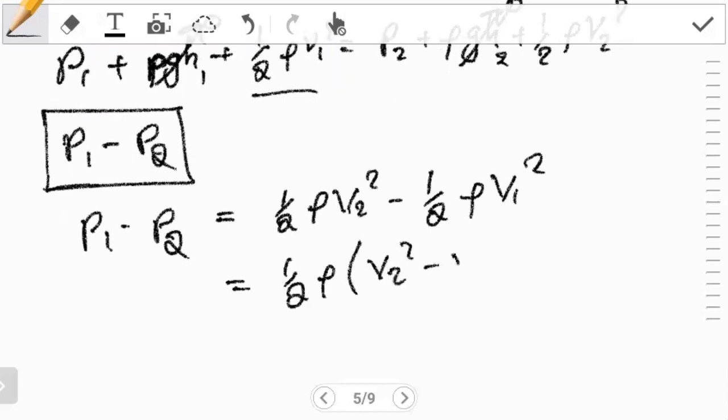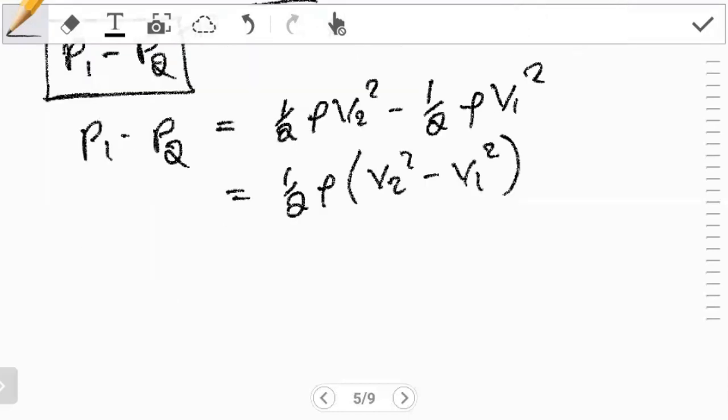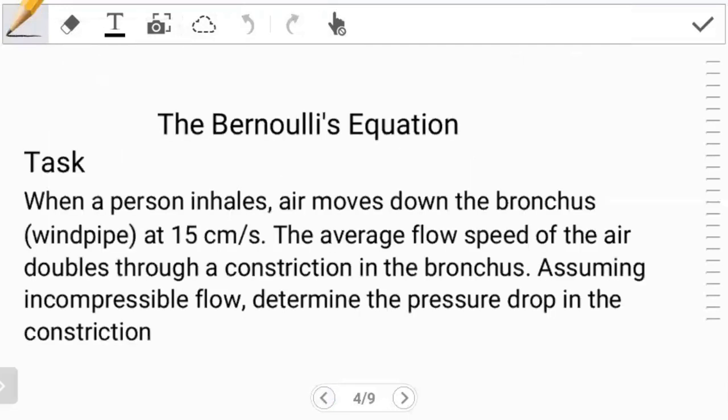So from here, I think we have everything that we need. So we can now start performing our substitution. Now, look at one interesting thing. Look at what they're saying. The average flow speed of the air doubles through a constriction in the bronchus. So when a person inhales, this is what we have, but then it doubles.